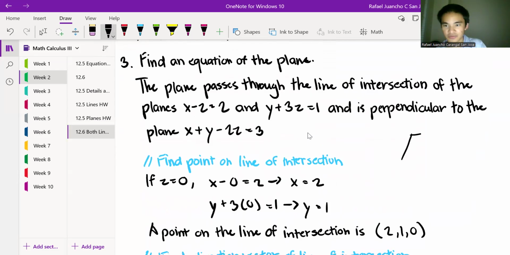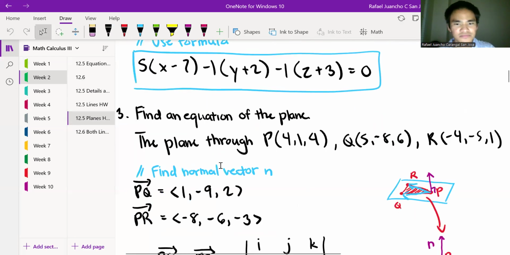I actually don't know, I'm gonna admit. Let's say these are the two planes, and then this is their line of intersection. I don't really know how to visualize the plane that we need that's passing through this line. I can't visualize that. So I'm gonna look at my notes real quick.